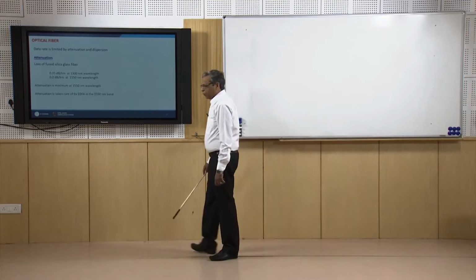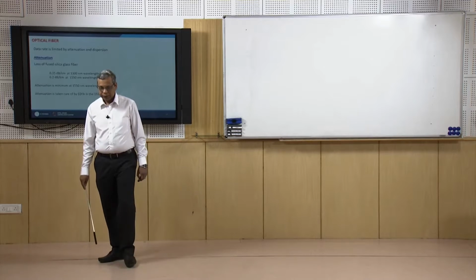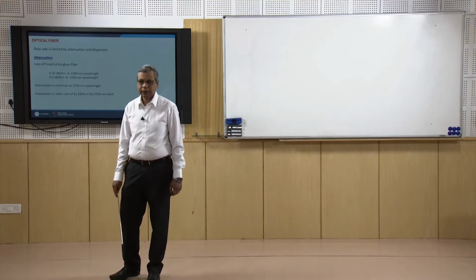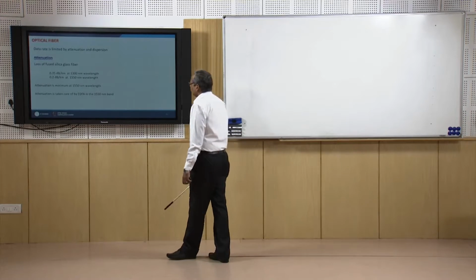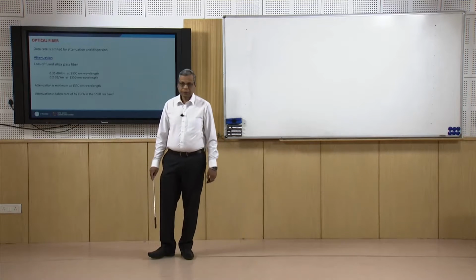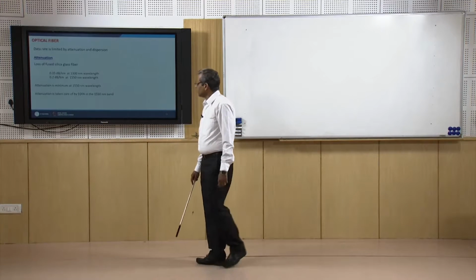The next segment of the system is the transmission medium, where a major component is the optical fiber itself, the transmission fiber. Data rate of a system is limited by the attenuation and dispersion of the fiber which you are using in the system.